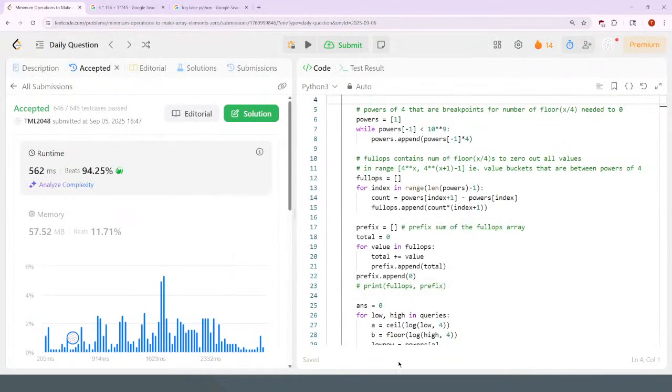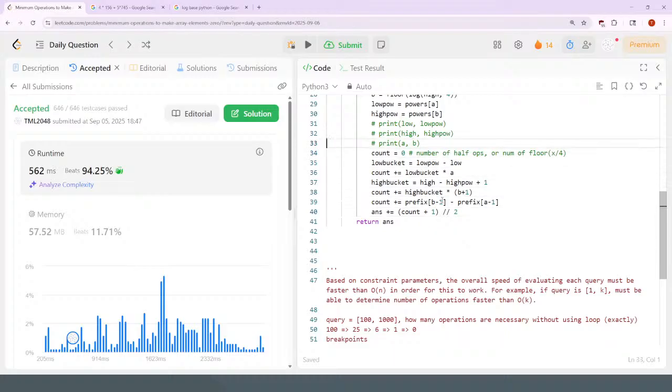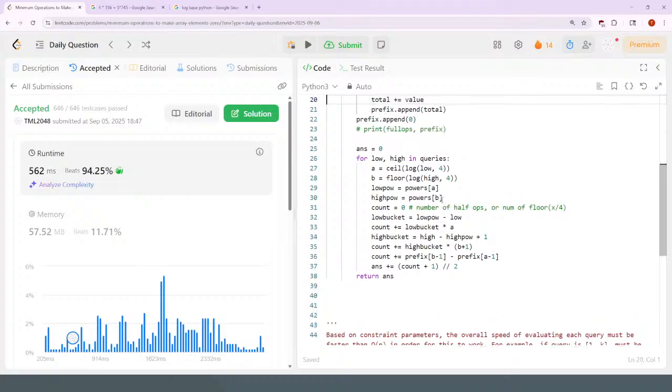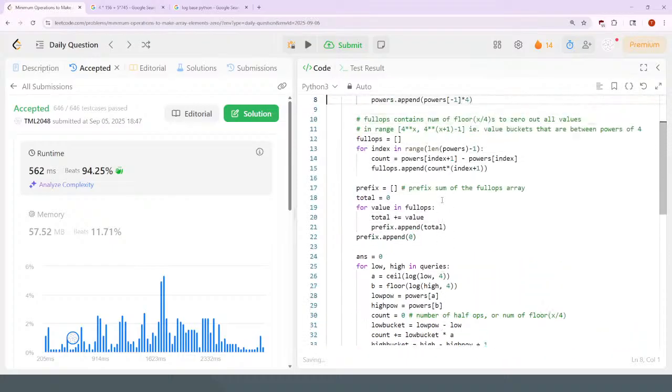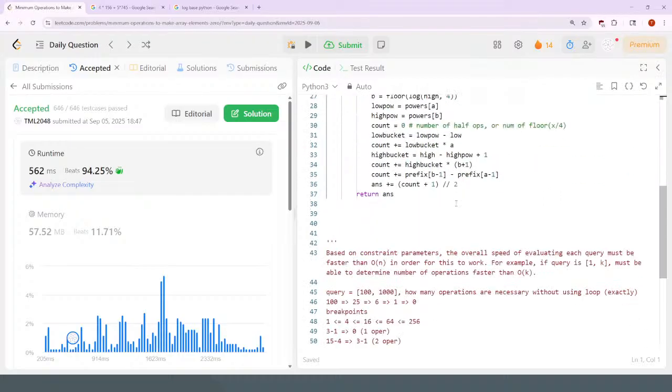Alrighty. Okay. Well, that was one of the tamer hard ones that I've done. Or at least it didn't run into me like a brick wall.